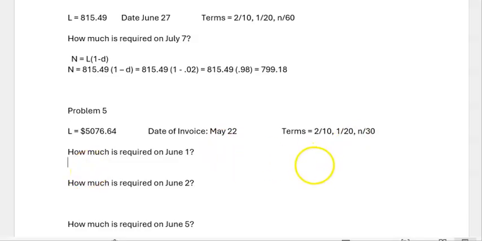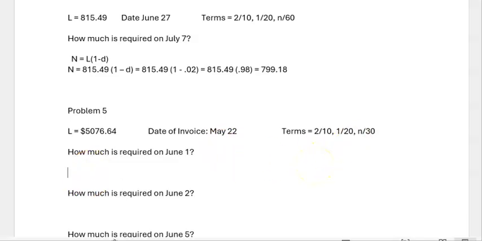Now it's given us 3 options of days. How much do we have to pay on each of the following days? We have the list price, N equals $5076.64, multiplied by 1 minus our little d for the discount percentage.